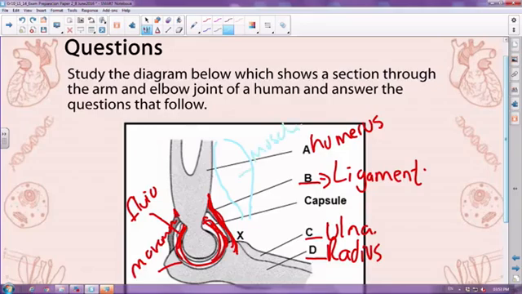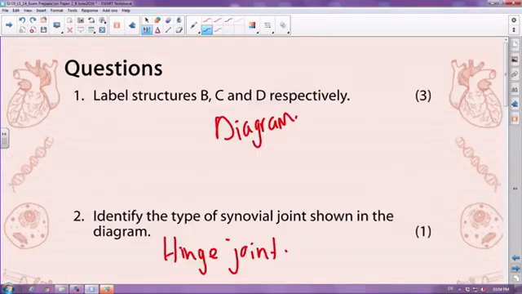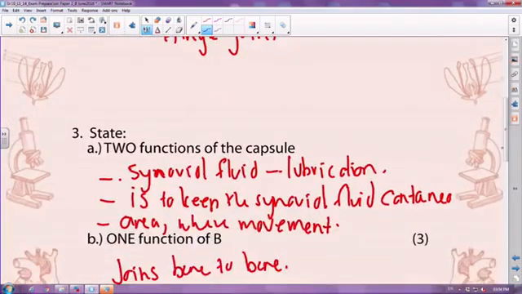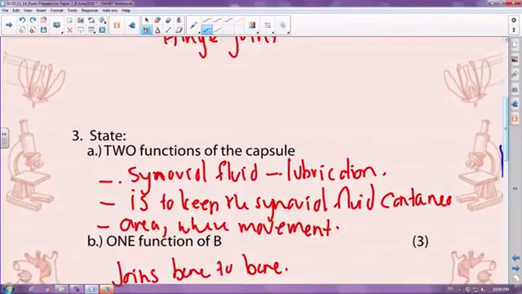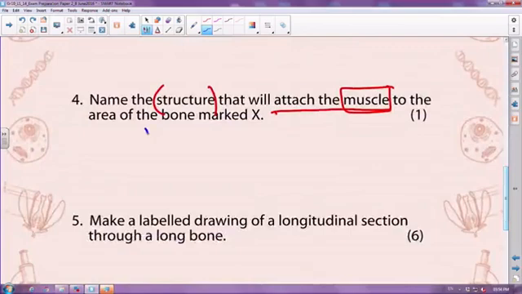And a muscle doesn't join directly to bone. Structure X is that little structure that is going to join a muscle to a bone. And what do we call the structure that joins muscle to a bone? It is a tendon. Yes, I'm changing colors like a rainbow here.